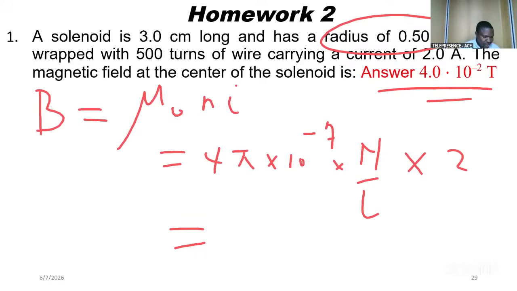Option C, twice the current in the outer solenoid. Option D, half, that is 1/2, the current in the outer solenoid. Option E, the same as the current in the outer solenoid.